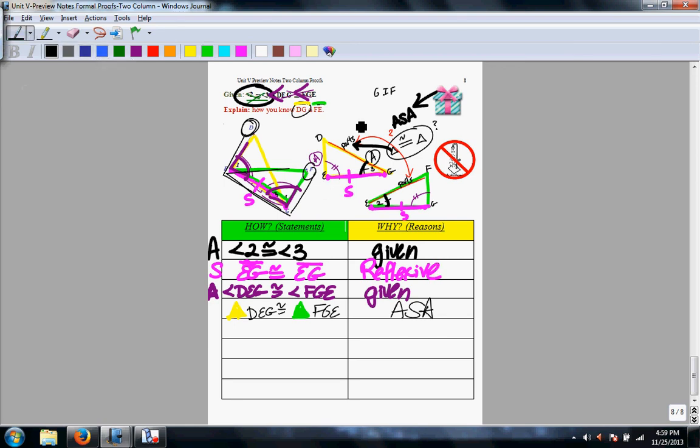Last, if the triangles are equal, the parts are equal. So now I can finally say that this segment here, DG, it has to therefore be congruent to FE.